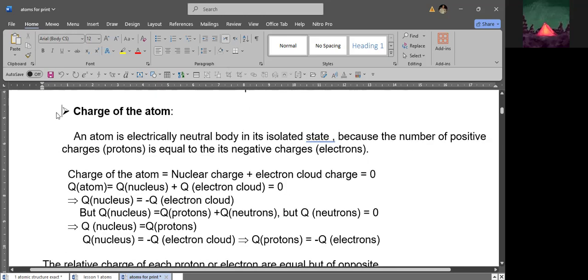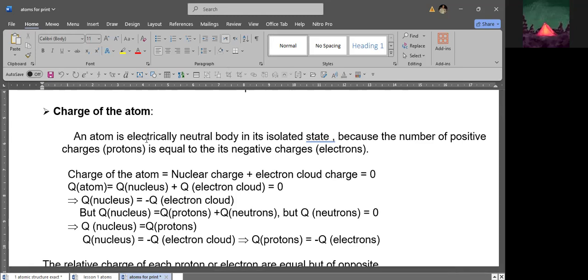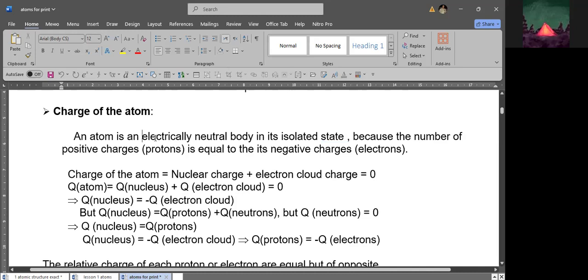Okay. Next, the charge of the atom. All of you know that an atom is an electrically neutral body in its isolated state. When the atom is standing alone, not in combination with another atom, it should be electrically neutral. Why?